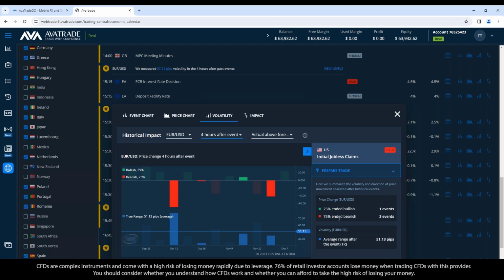So you can start to use this data to not only think about directionality, but timing of when you want to enter after the numbers come in, and then when you might want to get out in terms of distance movement expected with the average range movement here.